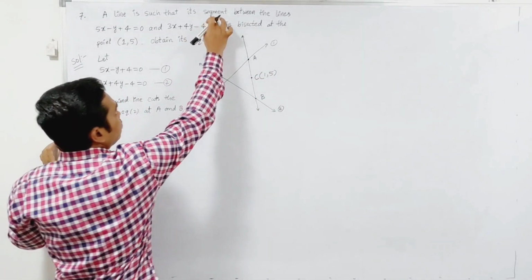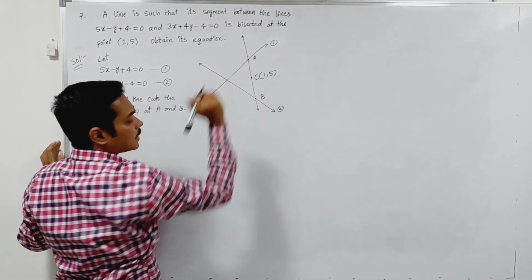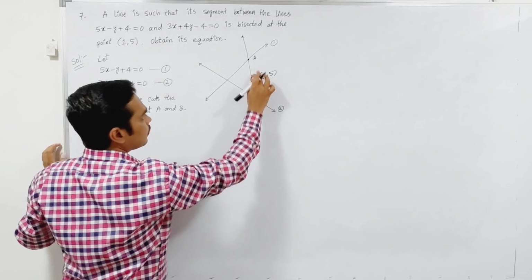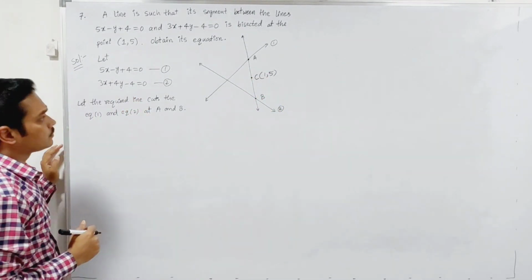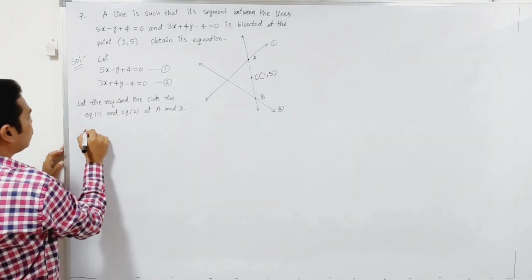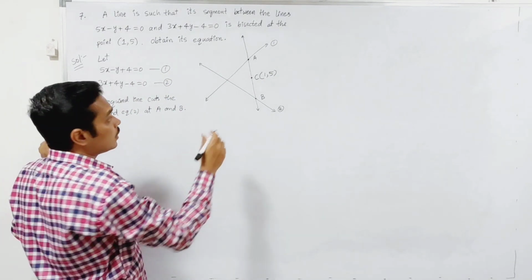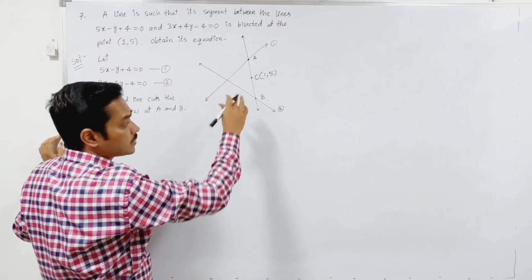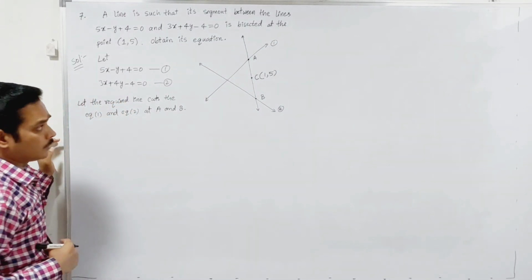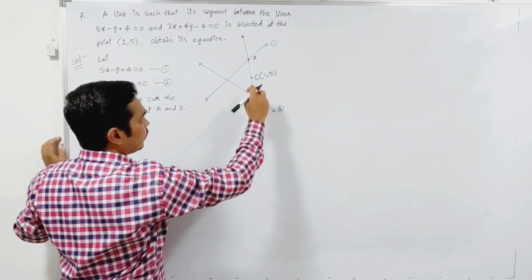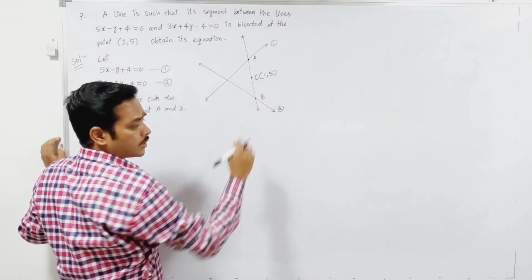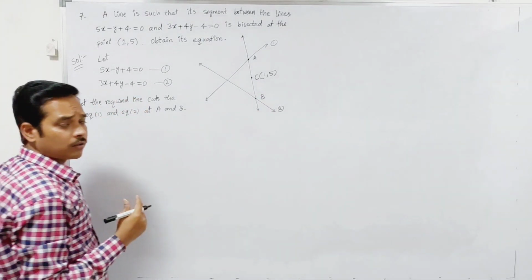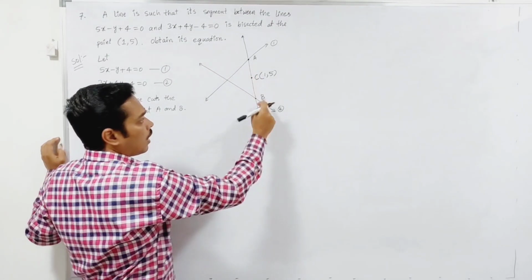Already given, segment between the lines is bisected means C is the midpoint of AB. You have to find out the line AB. The line AB is the required line. On the line AB, already we know one point C, 1 comma 5. Now you have to find out either A or B.